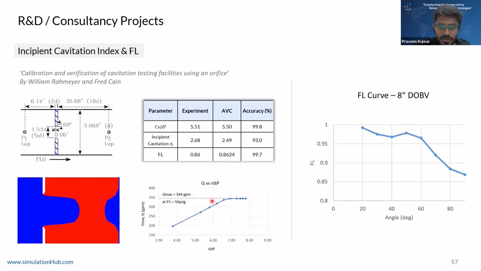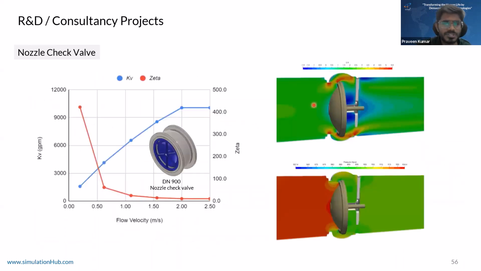Now we are trying to extend this FL and incipient cavitation to real valve geometries as well. That is in progress, and soon you'll be hearing something exciting from us. Even if you have project requirements other than CV and KV, you can check with us. We'll be more than happy to discuss them and work out possible solutions.